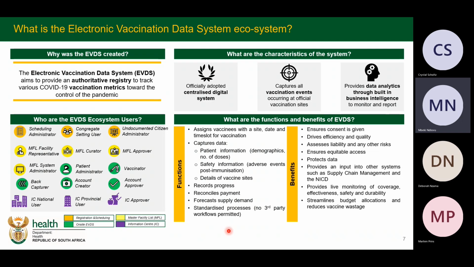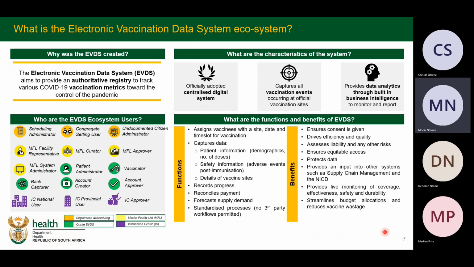It also allows us to capture data such as patient information, safety information, and details of vaccine sites. It records progress, reconciles payment, forecasts supply demand, and allows for standardized processes, which means there are no third-party workflows that are permitted.